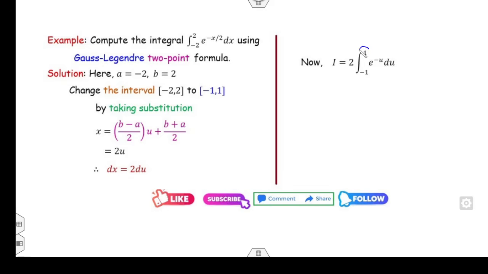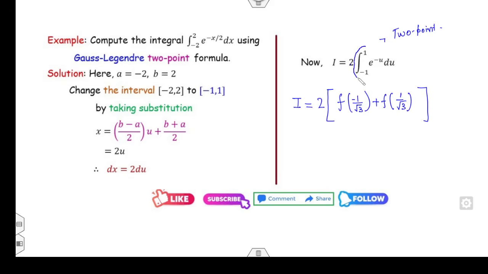Now you can see that the domain is -1 to +1. Then you can apply the two-point Gauss quadrature formula. What is the two-point Gauss quadrature formula? Here you can see that 2 is outside, so I can write that 2 is outside. The formula is f of -1 over √3 plus f of 1 over √3.